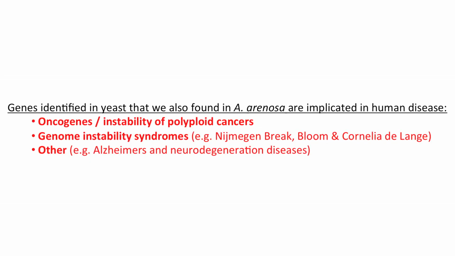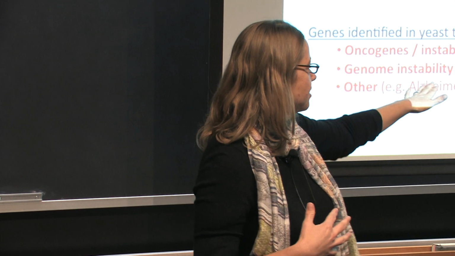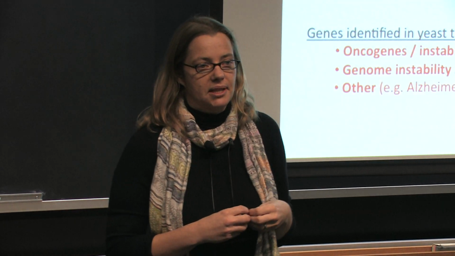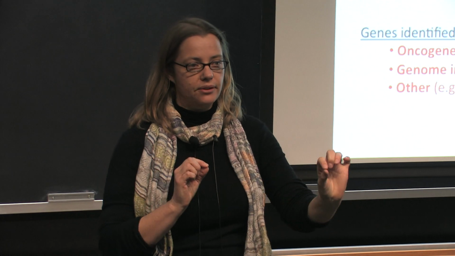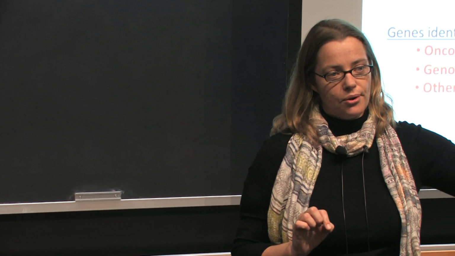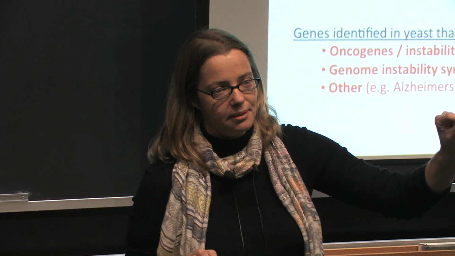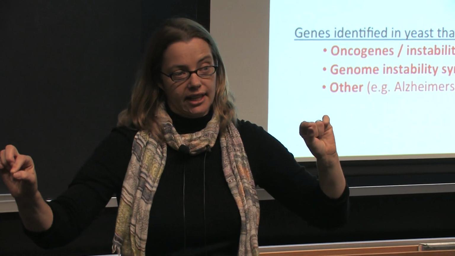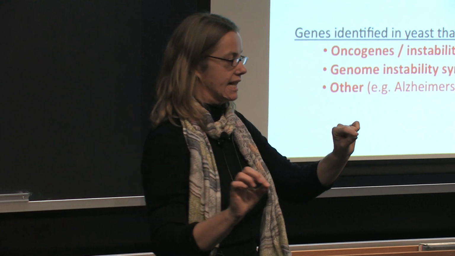So a number of them are oncogenes, which means that they're implicated in cancer, and particularly in the instability of polyploid cancers. So that's why I mentioned the cancers early on, is these genes are actually involved in that instability. So they're known to contribute. So if you have one allele of one of these genes, you may be less prone to having one of these unstable polyploid cancers than if you have a different allele. So they've been implicated in that in humans.